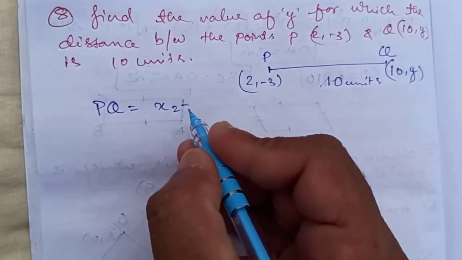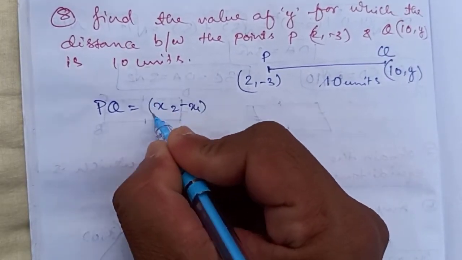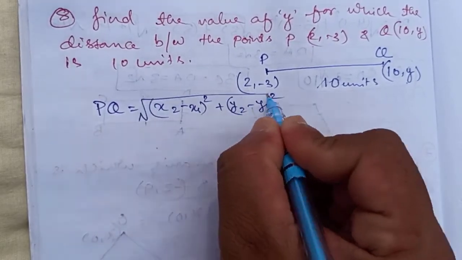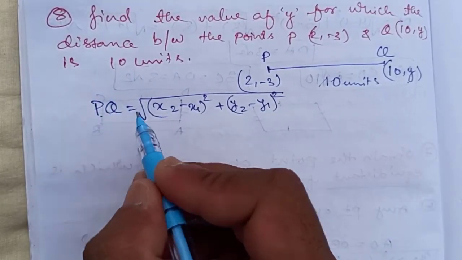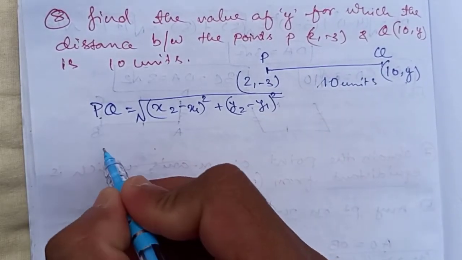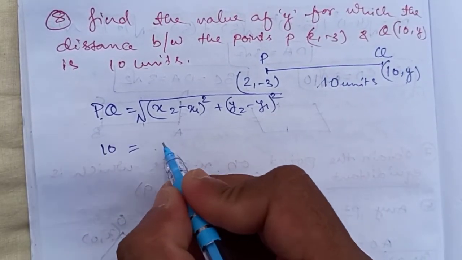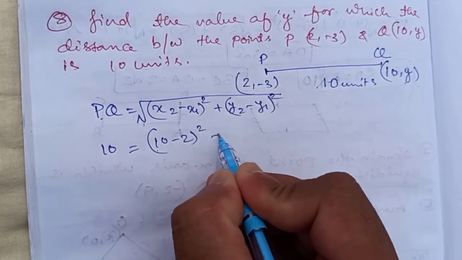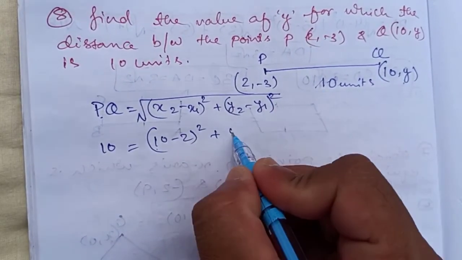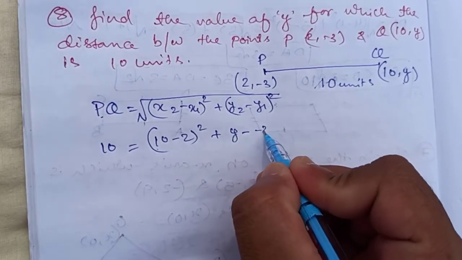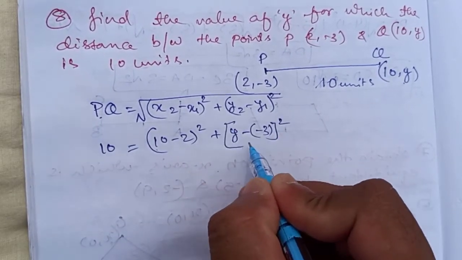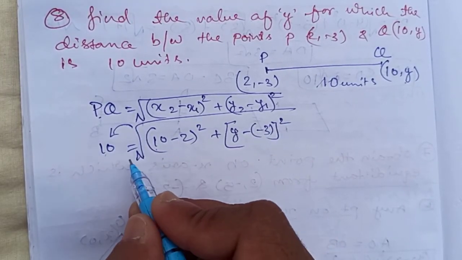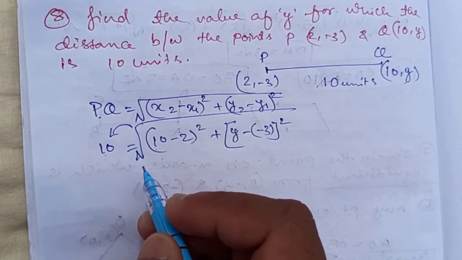PQ equals the square root of (x2 minus x1) whole square plus (y2 minus y1) whole square. The value of PQ is 10 units, equals the square root of (10 minus 2) whole square plus (y minus minus 3) whole square. Bring the square root to this side, it will become a whole square.